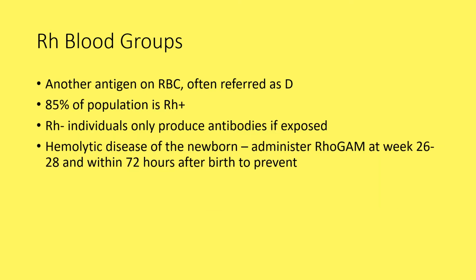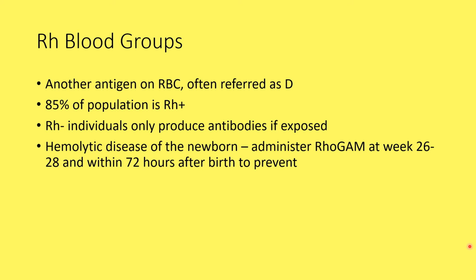Now, there's another thing you have to take into effect, and that is what is known as the Rh factor. That is another antigen. The Rh, just FYI, stands for rhesus because it was discovered in a rhesus monkey. In a lab, we often refer to it as D. 85% of the population is Rh positive, meaning you have that antigen.